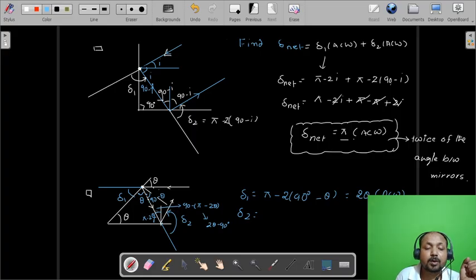Okay, so this will be the twice value, so it will be equal to pi minus 2 into 2 theta minus 90, which will come out pi minus 4 theta, minus minus plus, pi minus 4 theta plus 180.